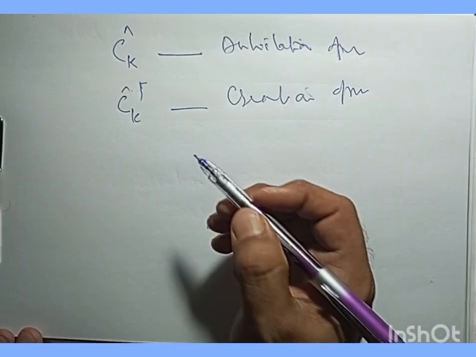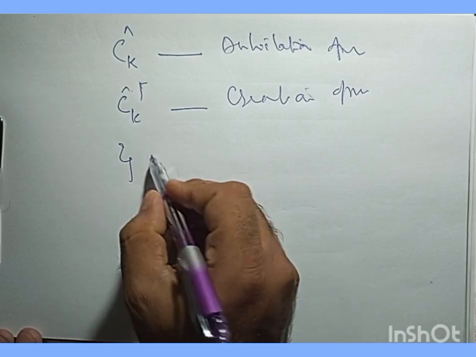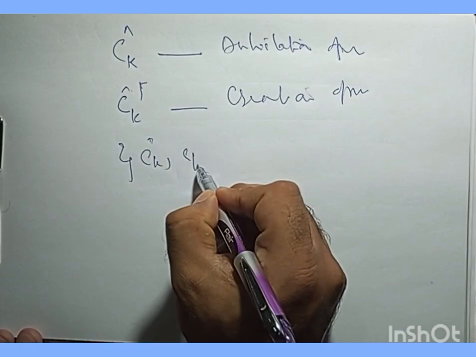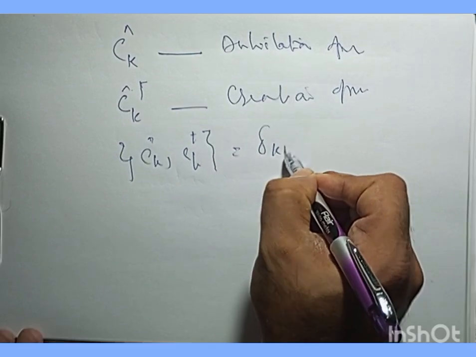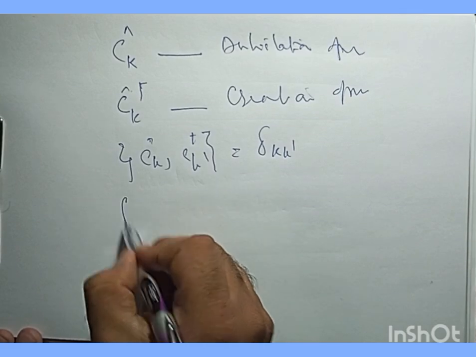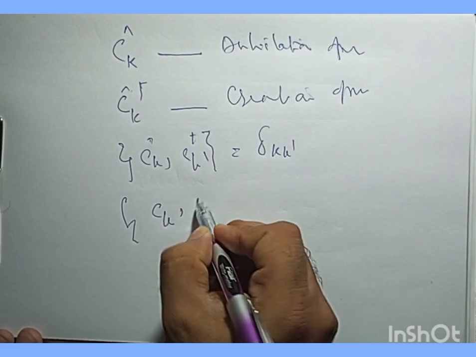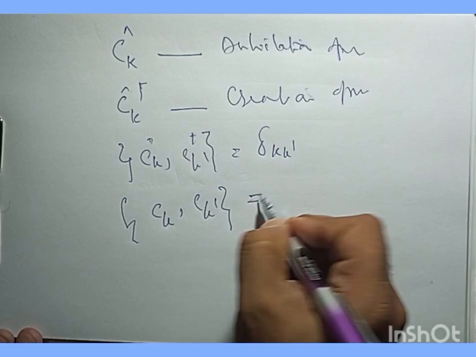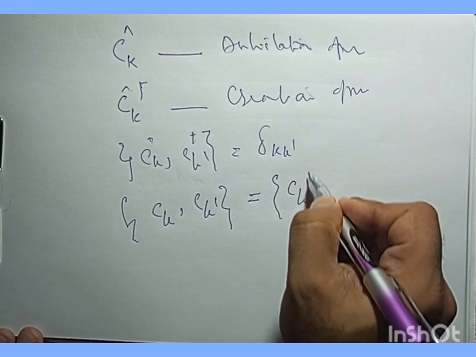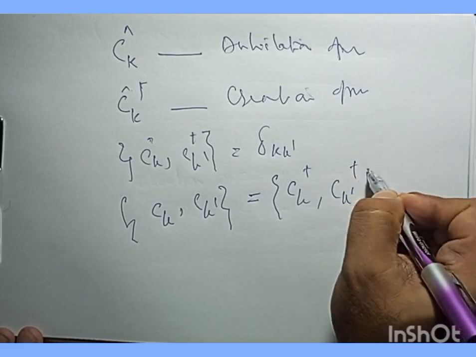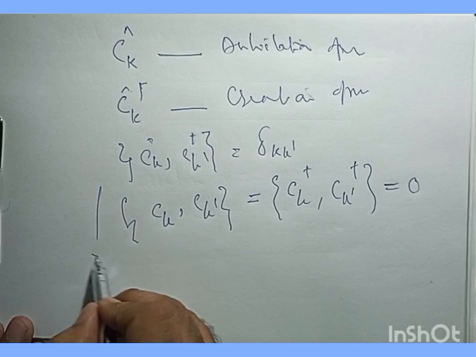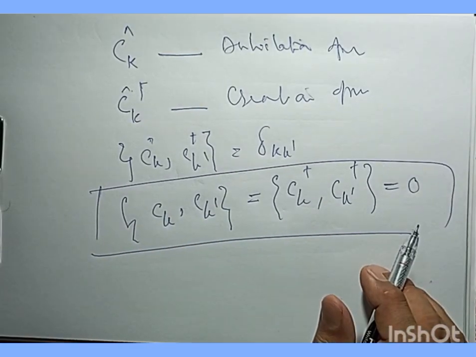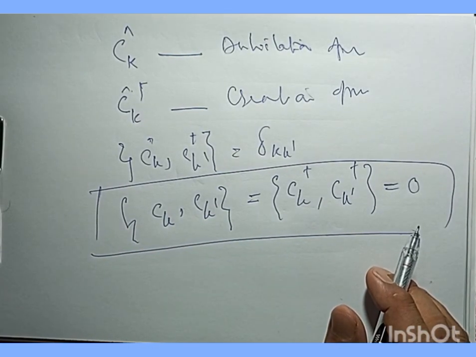And there we have these anti-commutation relations: c_k and c_k dagger gives the Kronecker delta, that's delta_kk dash, and the rest, c_k and c_k dash, is equal to c_k dagger, c_k dash dagger, is equal to 0. So these operators for fermions anti-commute with each other.